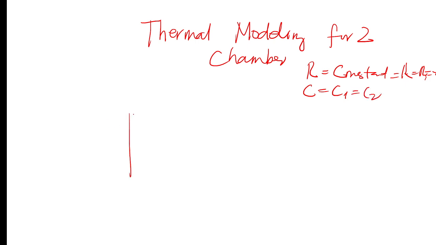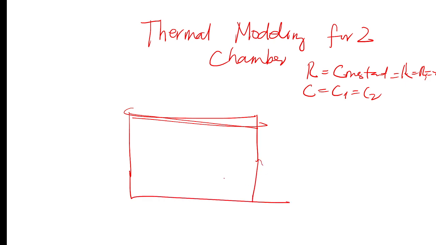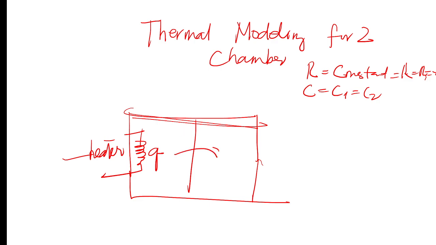So let me draw the two rooms. Here we have a room, and there's a heater here. This heater is designated by the variable Q. This Q can transfer here; when it transfers here, let us say it is Q2.